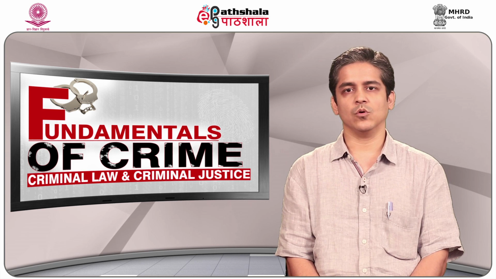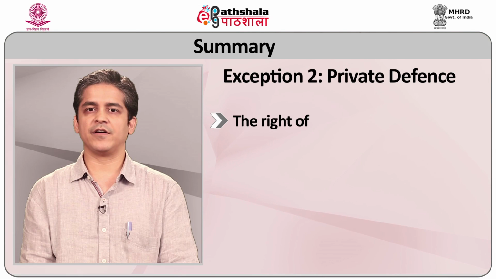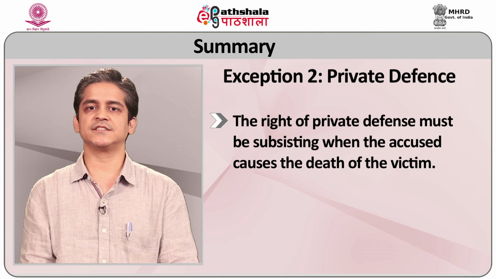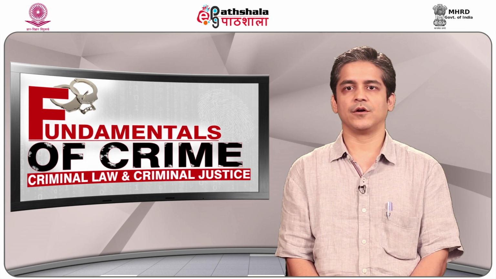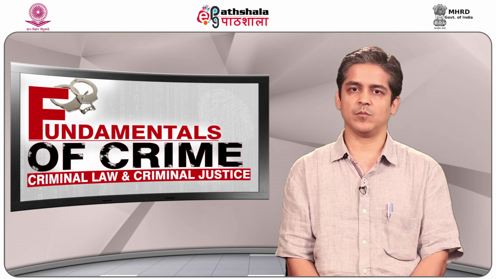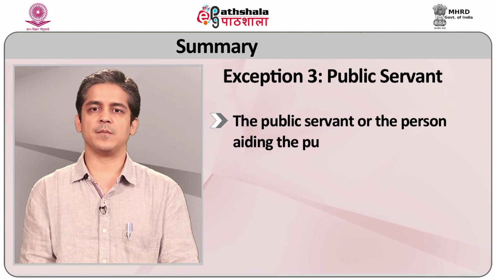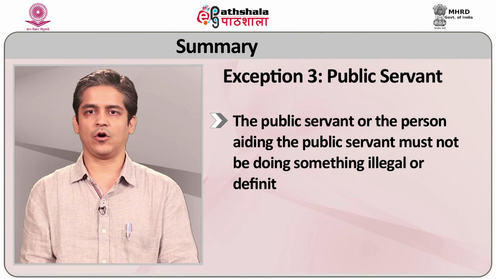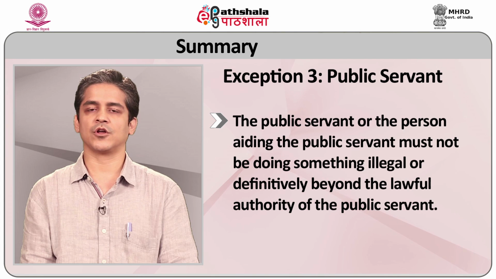For exception 2 of section 300 to be applicable, the right of private defense must be subsisting when the accused causes the death of the victim. For exception 3 of section 300 to be applicable, the public servant or the person aiding the public servant must not be doing something illegal or something which is definitively beyond the lawful authority of the public servant.